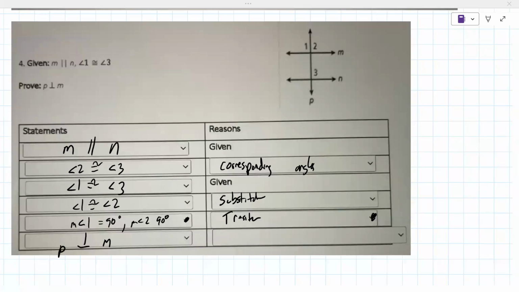Let's see, transversal proofs. Oh, this is way too much.